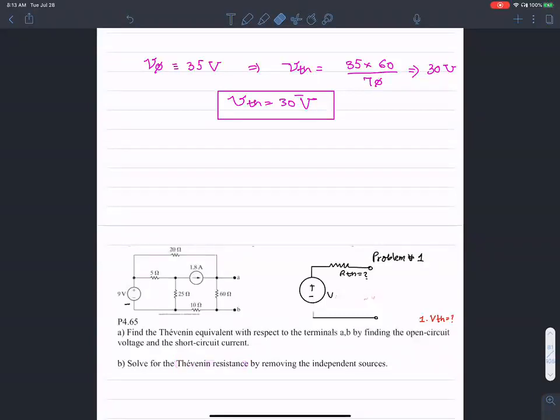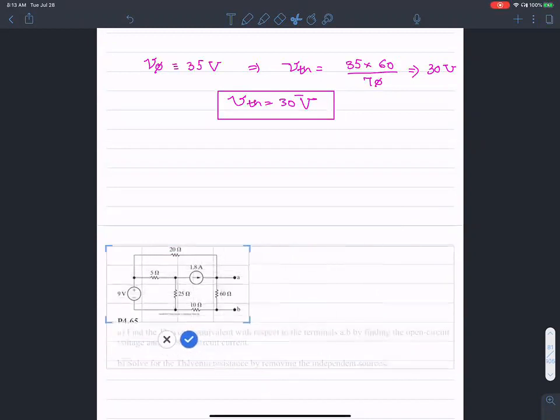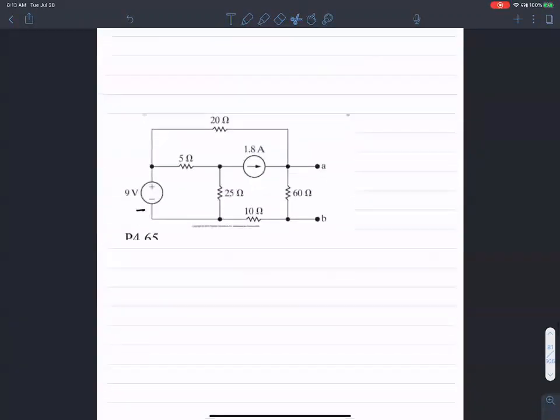I'm also going to crop this. Now on to finding part B, R Thevenin.